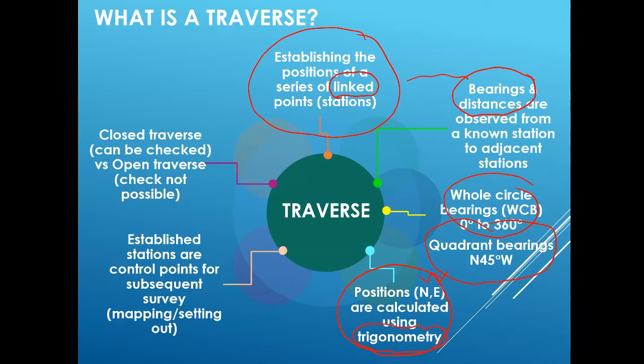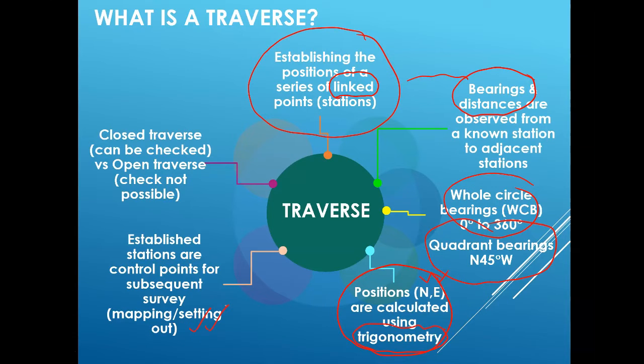And why do we need traverse? What are they used for? Well, the established stations, the stations that we have just measured and established the coordinates for, will be used as control points, as I said earlier. For what? For mapping and setting out jobs.